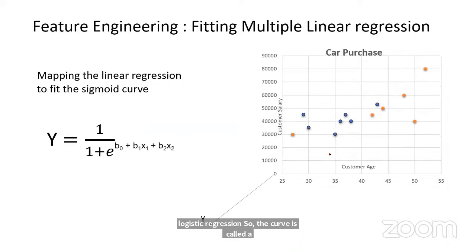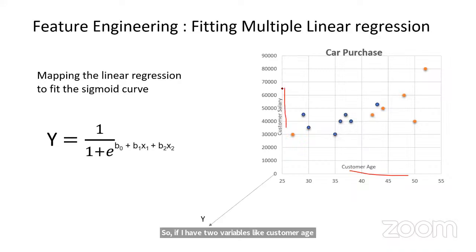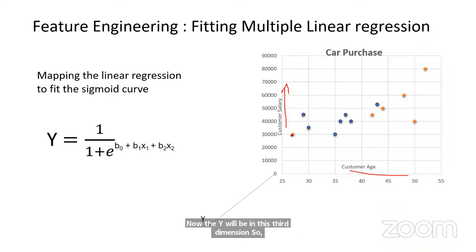And if I see it in 3 dimensions, so if I have two variables like customer age and customer salary, which is there in the example, then I will have a 3 dimensional problem. So the y will be in this 3rd dimension. These orange dots are basically the people who have not bought the car. They are at 0.